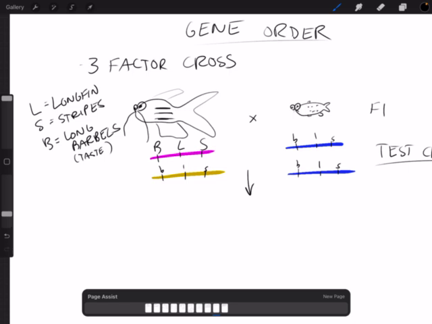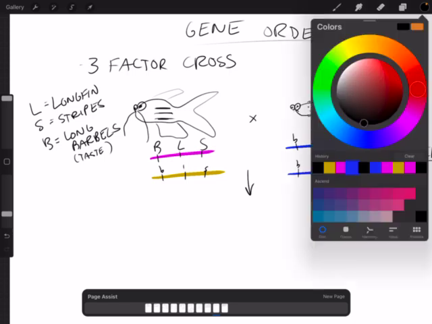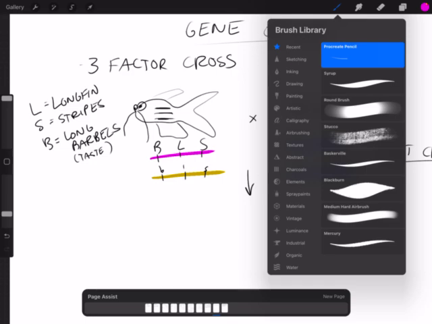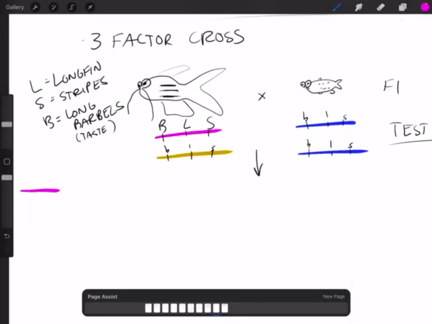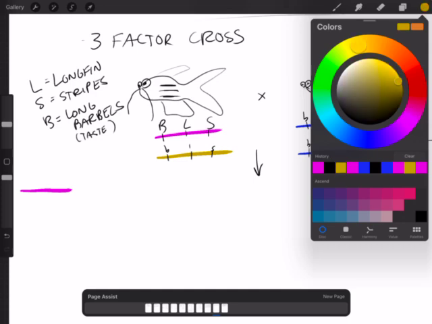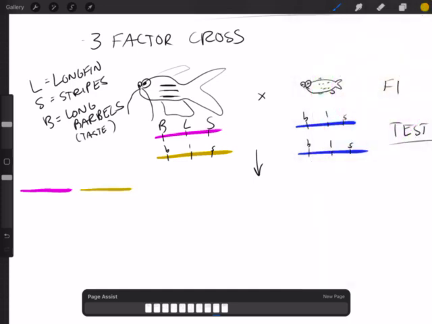So if I just draw out the different chromosomes, we can end up with something like this. We can have a chromosome that's entirely the pink, or a chromosome that's entirely the yellow, right?